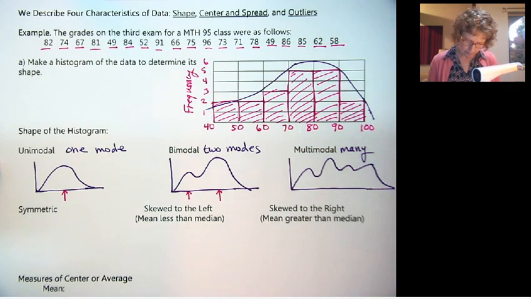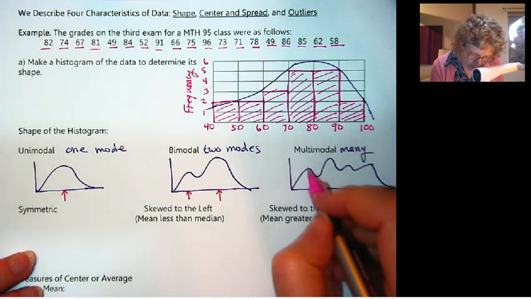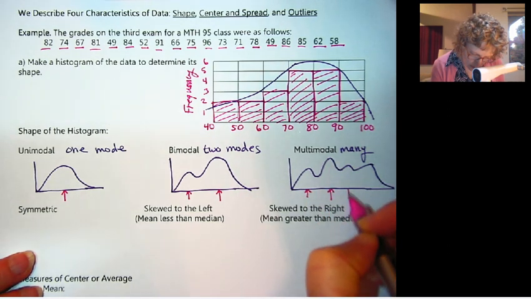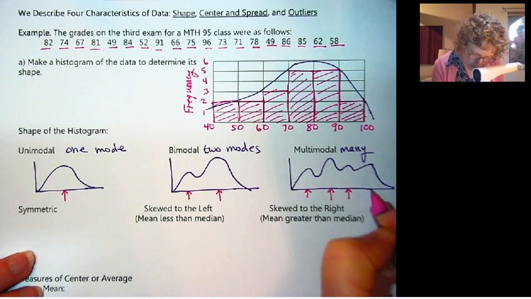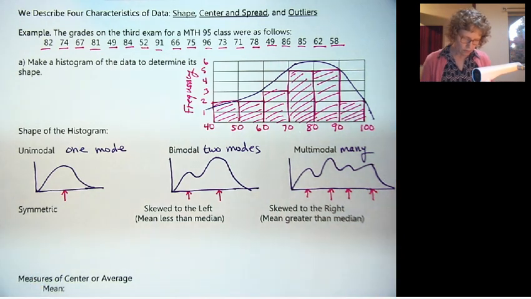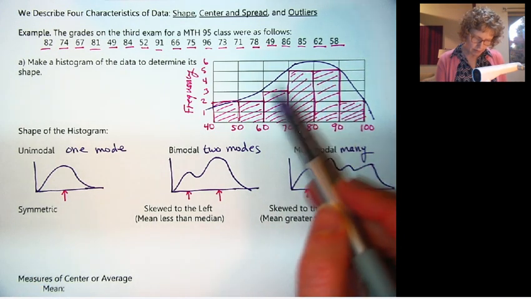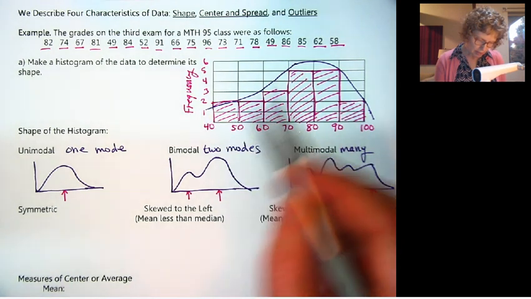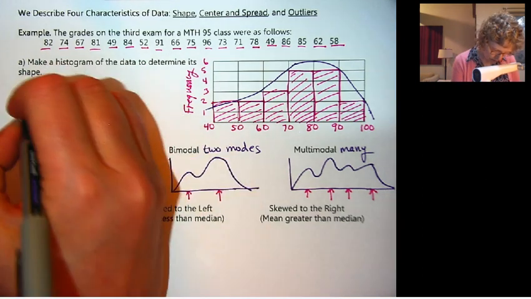Anything like that would have several high points. Okay, so our graph is definitely unimodal. It's got one peak, one hump. So it is unimodal.